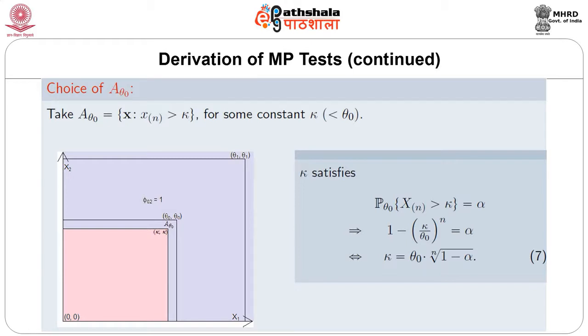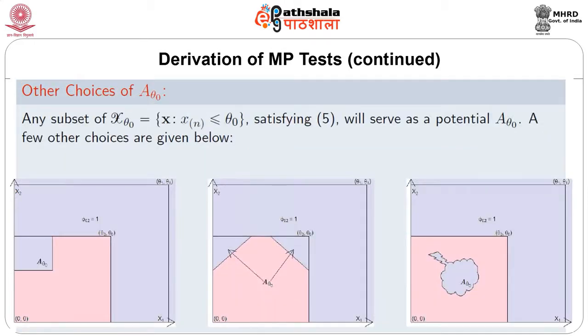We have just derived that in the last slide. Therefore, this probability is 1 minus k by theta naught to the power n, which is alpha. So, k is theta naught times 1 minus alpha whole to the power 1 by n.